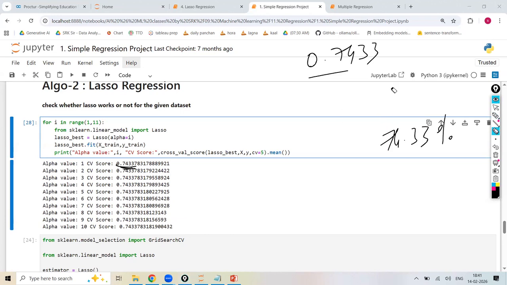Whenever you are starting with the point, 0.7433 will be literally equal to 74.33 up to 2 decimals, percentage wise. Clear? Everyone?